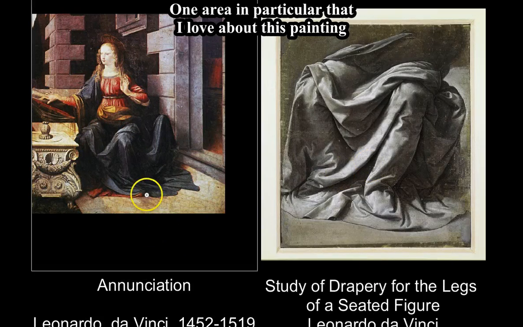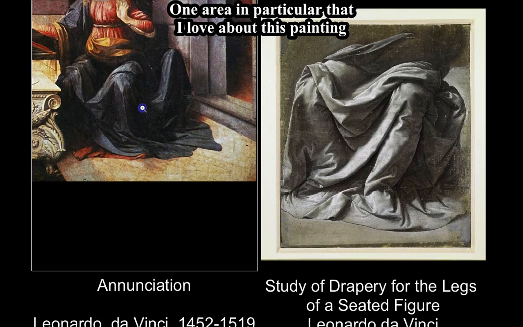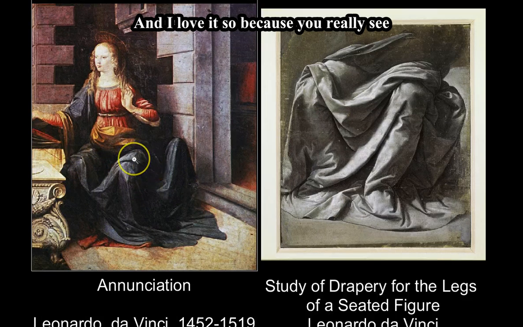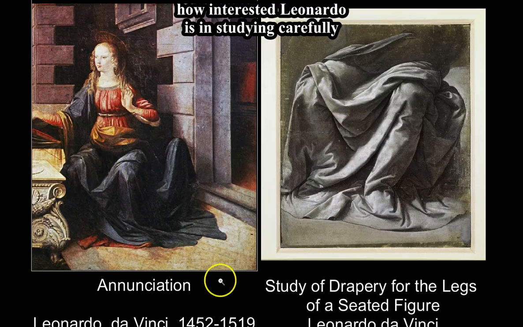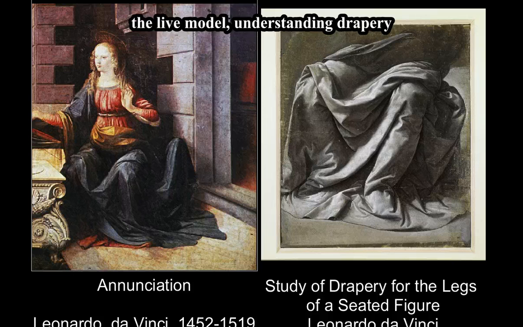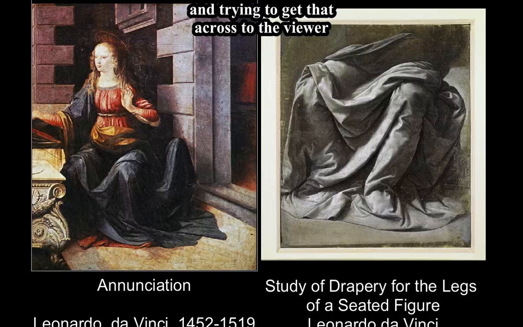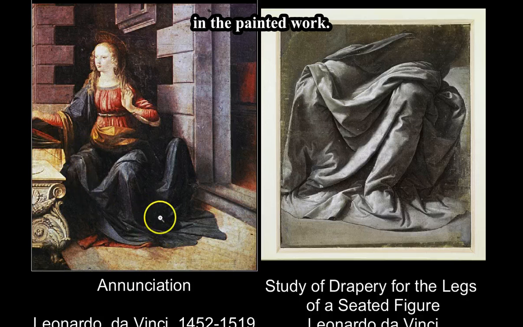One area in particular that I love about this painting is the lap of the Virgin. And I love it so because you really see how interested Leonardo is in studying carefully the live model, understanding drapery and the way drapery moves and how that texture is, and trying to get that across to the viewer in the painted work.